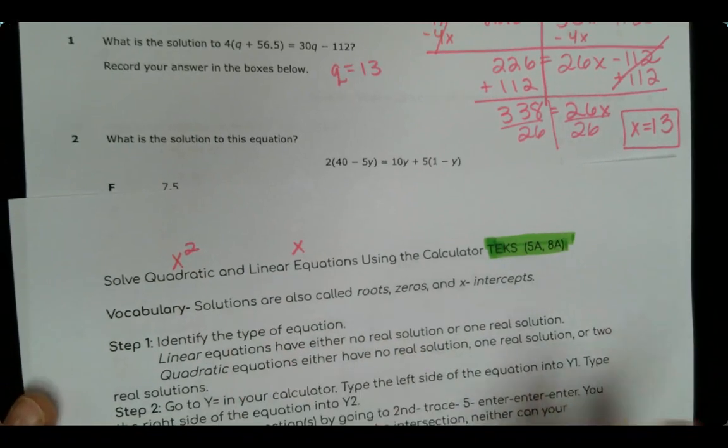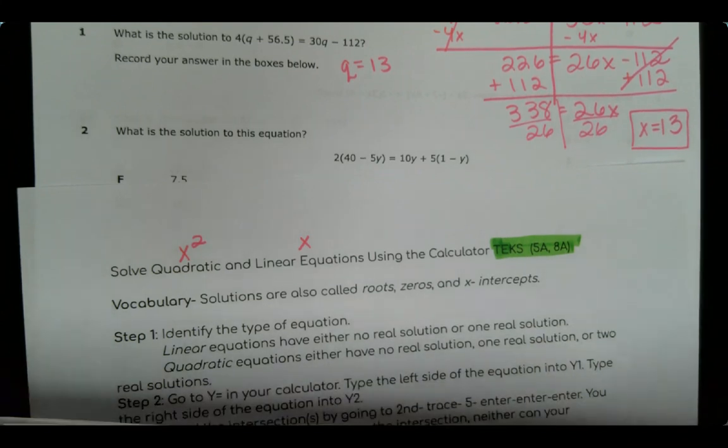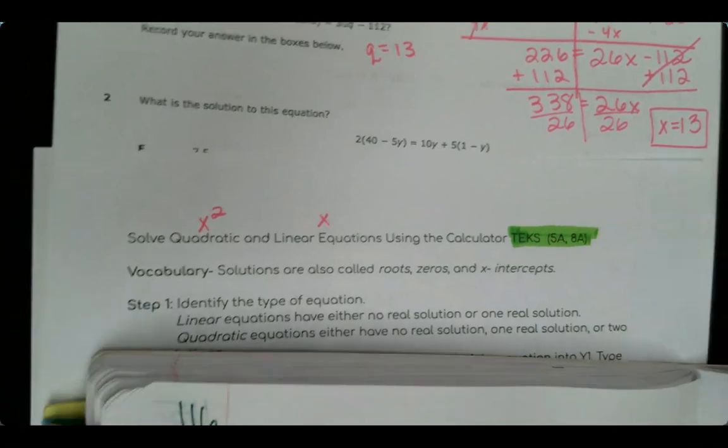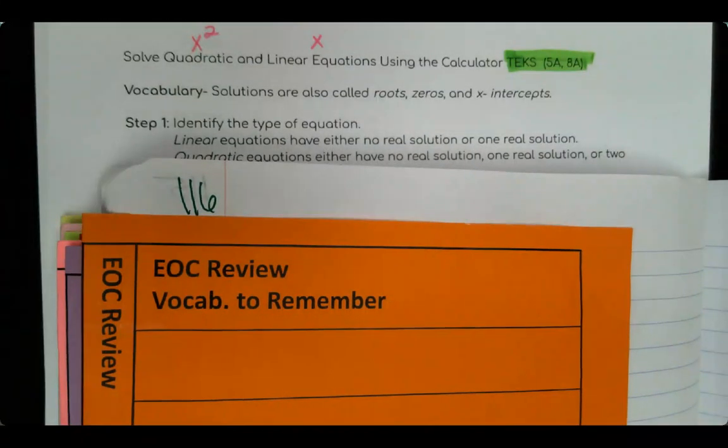The vocabulary we want to look at is solutions are also called roots, zeros, and x-intercepts. So in our journal where it says vocab to remember, we're going to write that down. Let me tell you how I want you to write it.